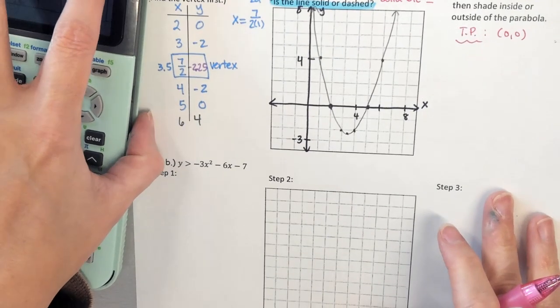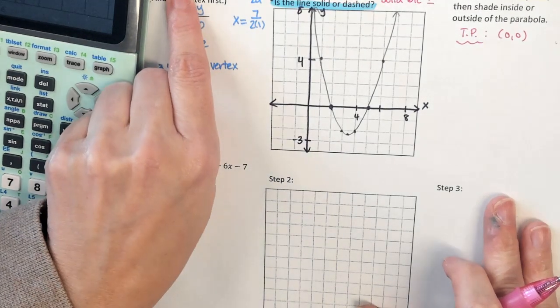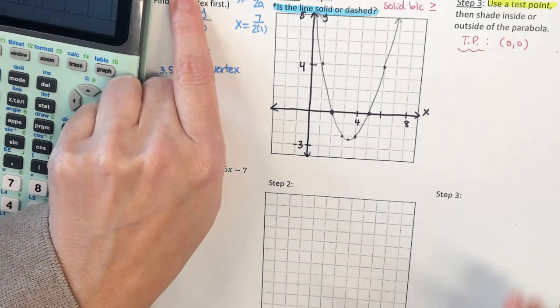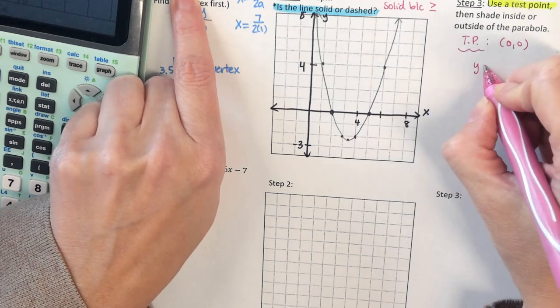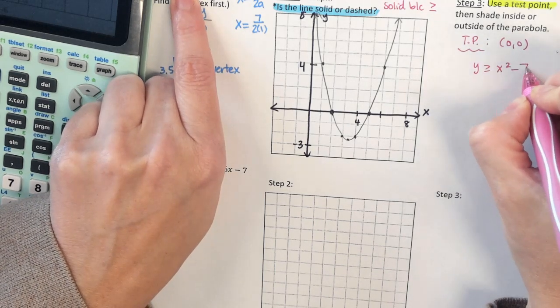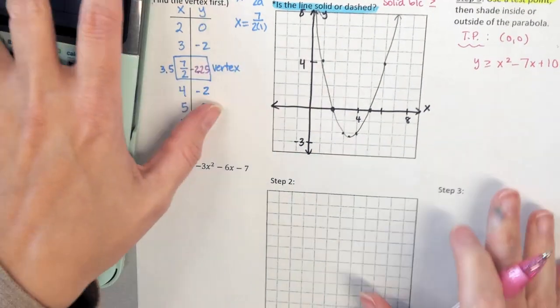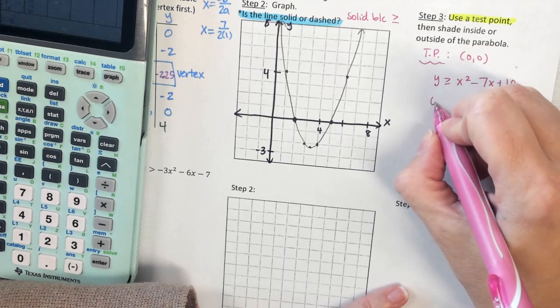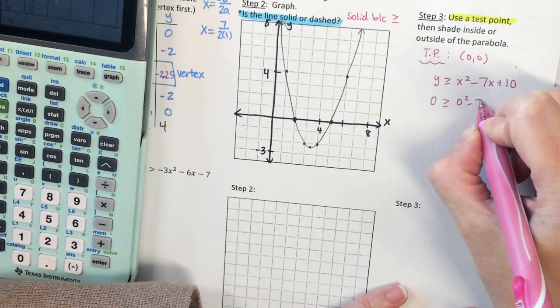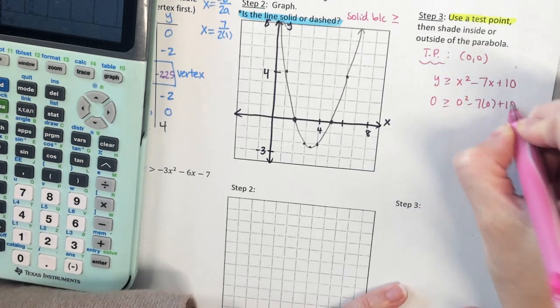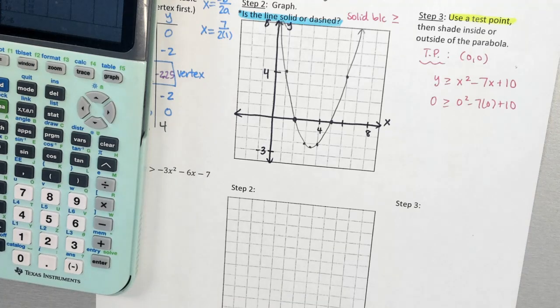And your test point, you were going to plug into your original equation. So your original equation is y is greater than or equal to x squared minus 7x plus 10. If you plug in 0, you're going to get an inequality, and you just have to say whether it's true or false. So can you guys simplify that and just tell me if it's true or false?